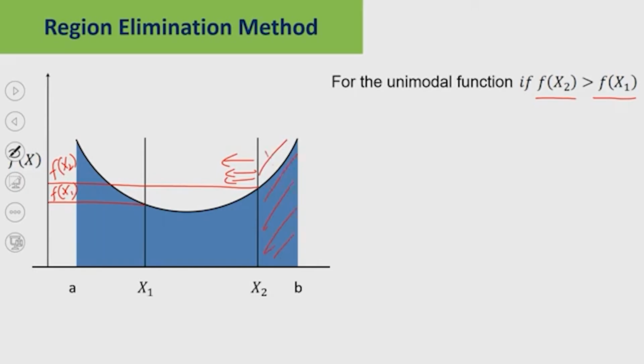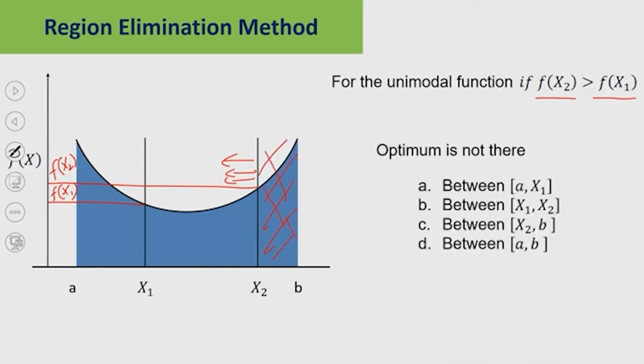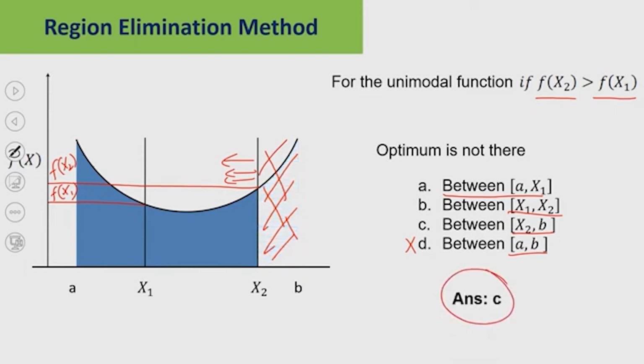Therefore, out of the options, a, b and the last one are not correct, and the solution is c, that means optima is not there between x2 and b.